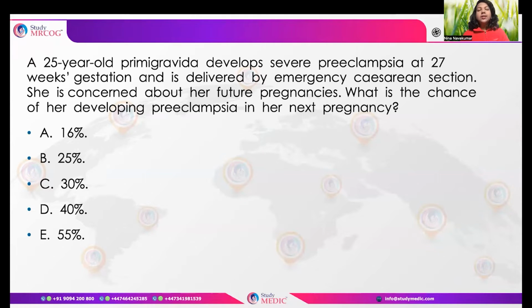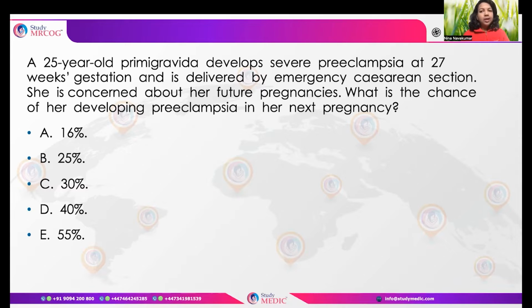Labetalol is a non-selective alpha plus beta blocker. It can be started at a dosage of 100 milligrams twice daily, and it can be increased depending upon the blood pressure values. Labetalol is not indicated if the woman is suffering from asthma or any hypersensitivity reaction towards labetalol.